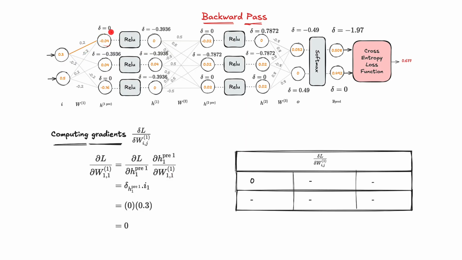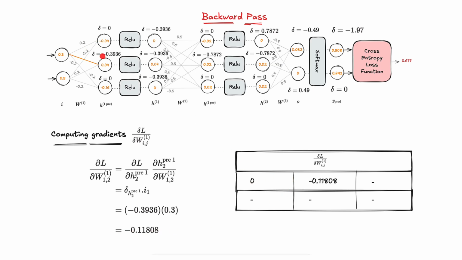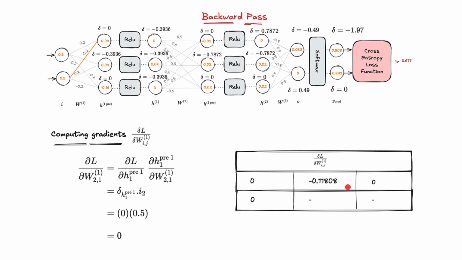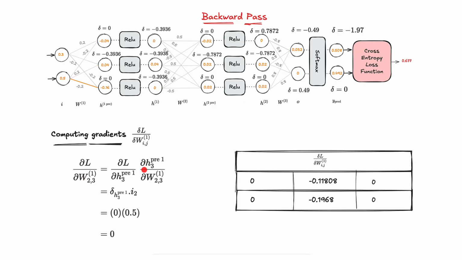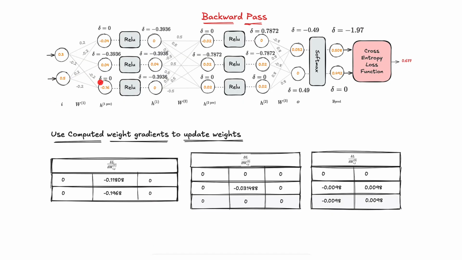We already know one thing is 0 here, so it's going to end up being 0, which we populate in the table. Similarly here, it's going to be negative 0.3936 times 0.3. That's over here, and then it'll be 0 here. This is again negative 0.3936 times 0.5, which we populate in the table. And then it's going to be 0 here too, because the gradient here is 0.